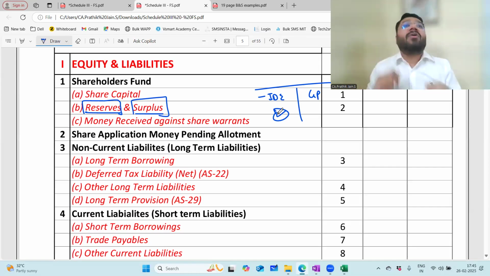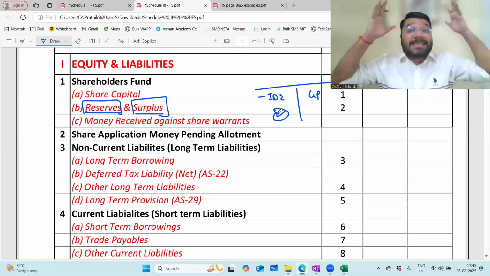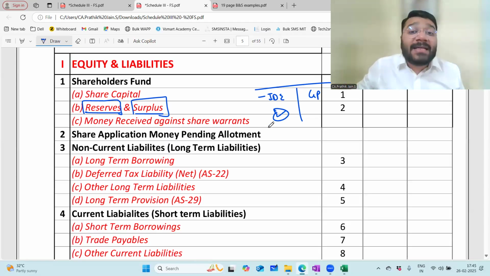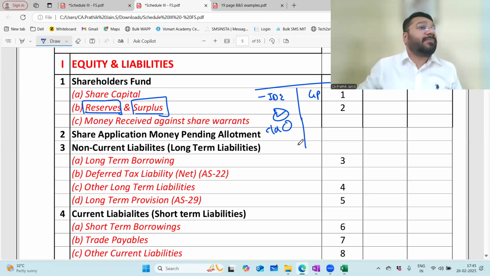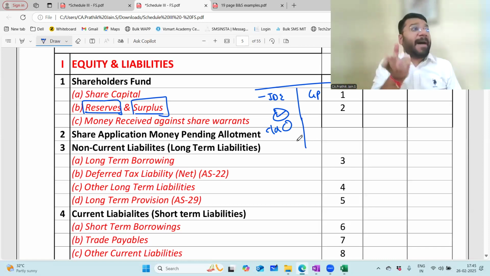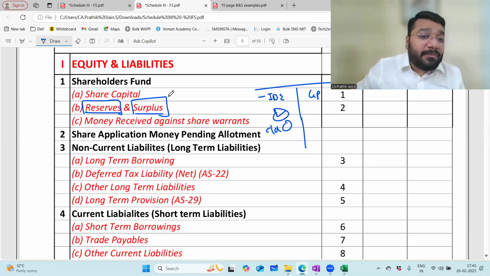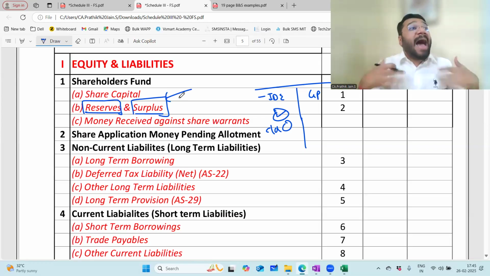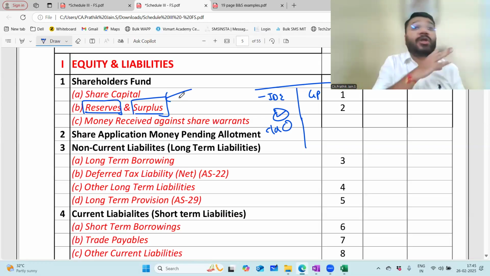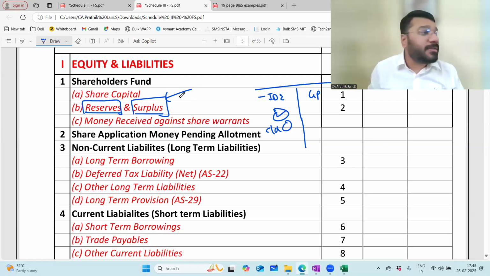You transfer a part of the profit to the capital and some part of the profit you keep as it is as a balance carry down. This is called as what? Accumulated profits. So if any P&L account has got a balance, if the ledger balance is there, that is called as accumulated profits. So surplus is nothing but the balance of the P&L account, which is accumulated over a period of multiple years. Am I clear of this part?